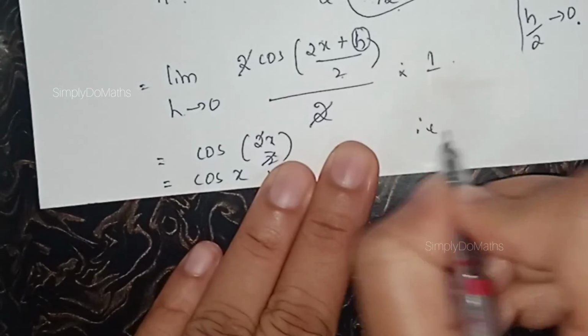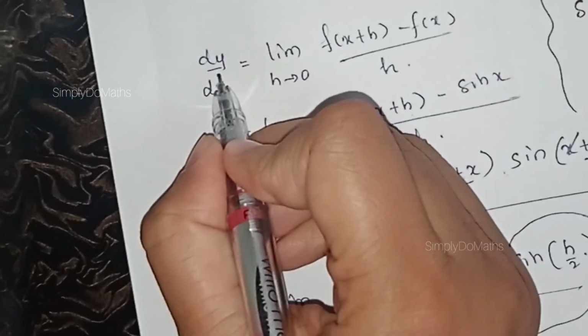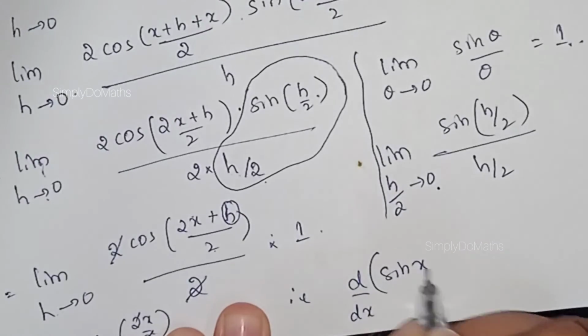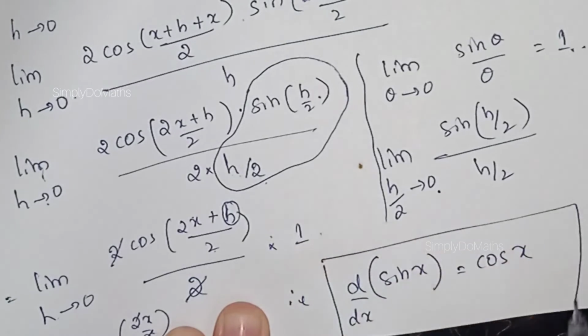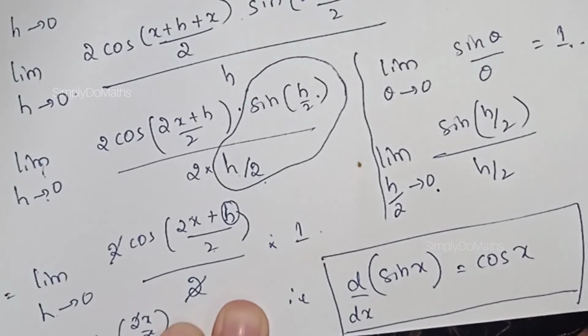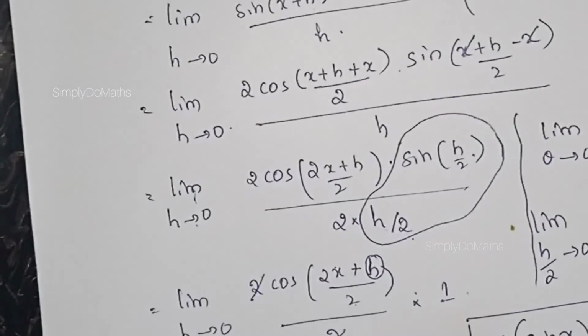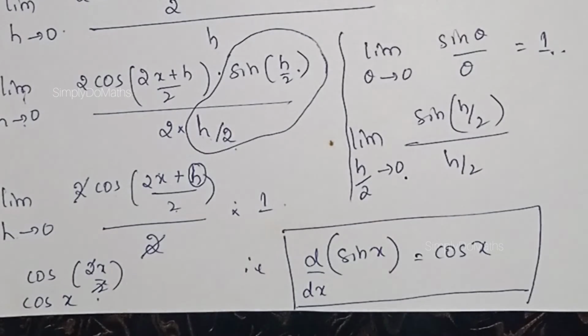So that is, d by dx of y, which is sin x. So d by dx of sin x is nothing but cos x, which is very important. Derivative of sin x is cos x. So please remember, derivative of sin x is cos x. Let us solve some more problems in the next class.